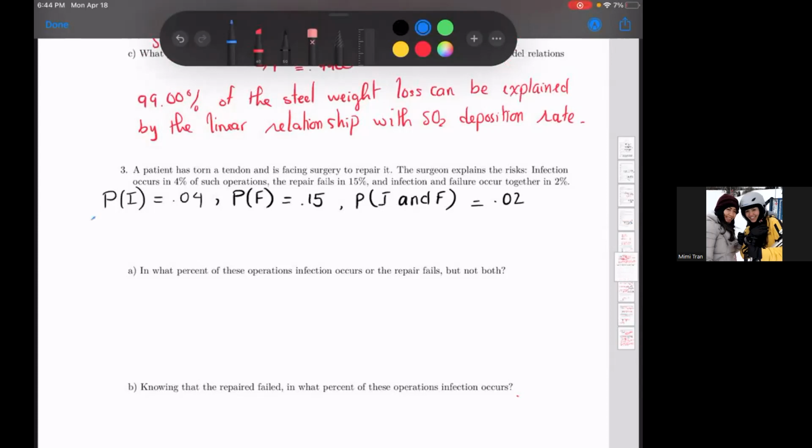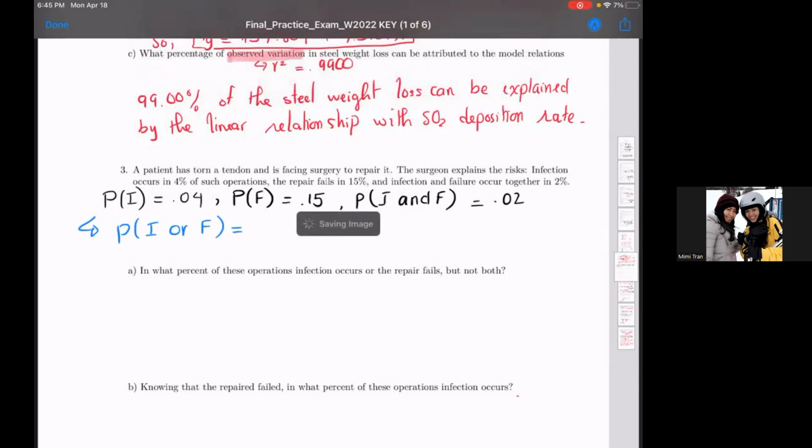From here, what can you get? P of infection or failure, right? Do you remember the formula? P of A or B equals the general one. So P of infection, which is 0.04, plus P of failure, which is 0.15, minus P of both, which is 0.02.